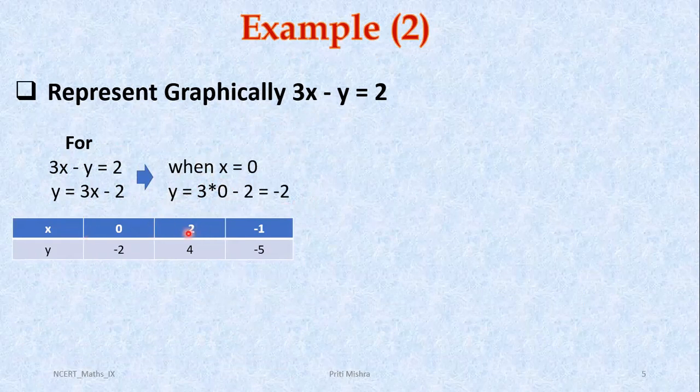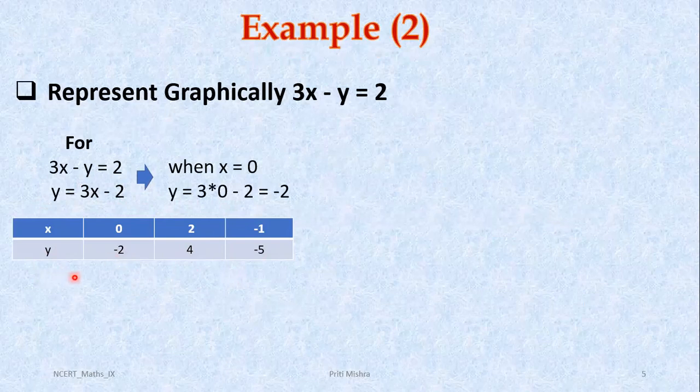For x equals 2, you can see we will have y equals 4 with the help of this relation. For x equals minus 1, we will have the value of y as minus 5. So here you can see we calculated 3 different solutions for the given equation. Now we will plot these 3 points on the graph paper to find its graphical representation.